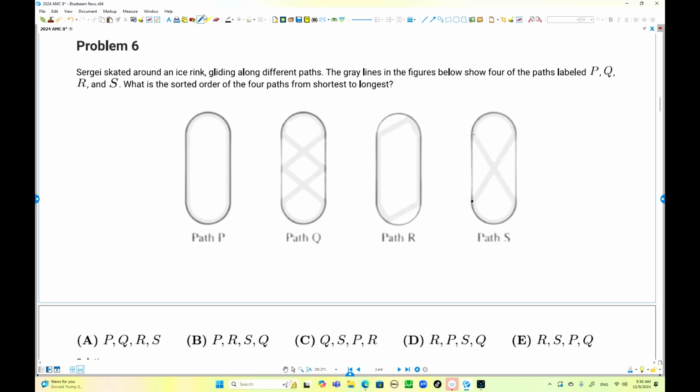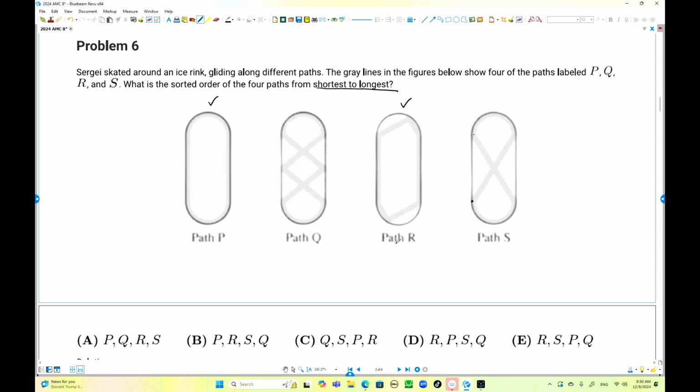Number 6. So we have several labeled paths, different paths, okay? You can see them in there. So what is the sorted order for paths from shortest to longest? Maybe you can use the first two here, right? One is a little simple.